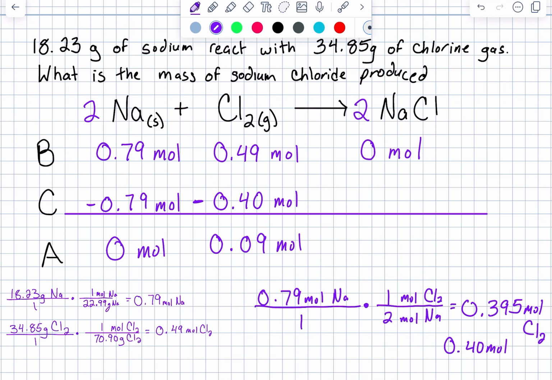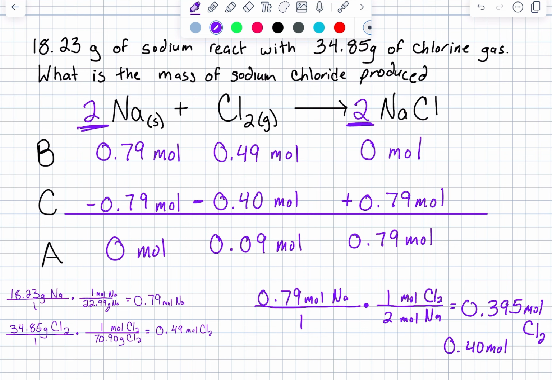And so I can do a cheat here. If you want to go ahead and do the mole ratio conversion, that's perfectly fine. But I can see that my coefficients match. Since my coefficients match, that tells me that the moles of sodium I used will be the same amount as the moles of sodium chloride produced. And so I end up with 0.79 moles of sodium chloride.